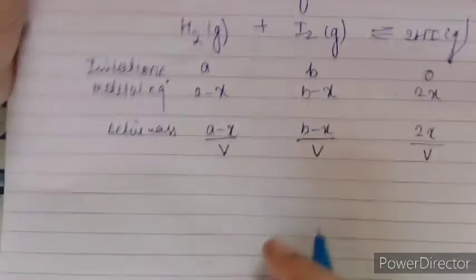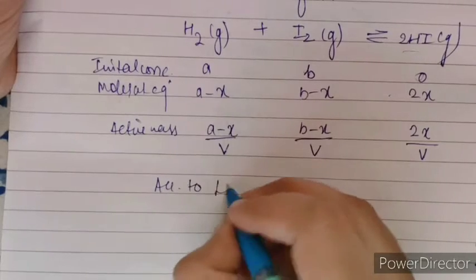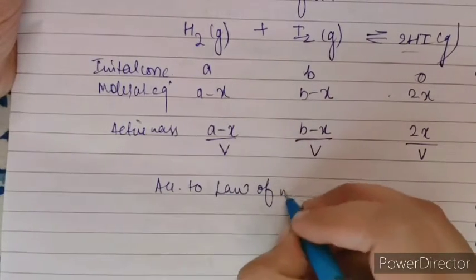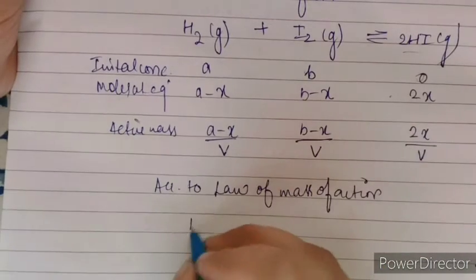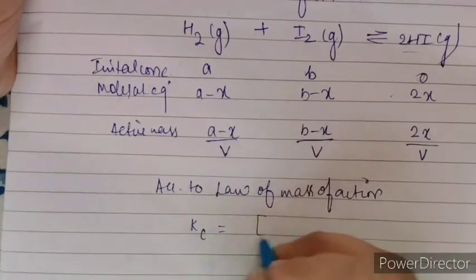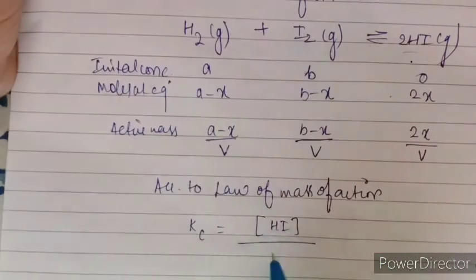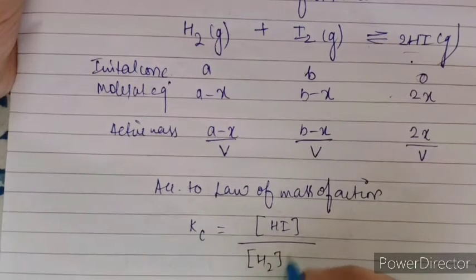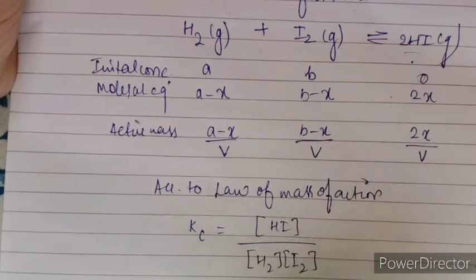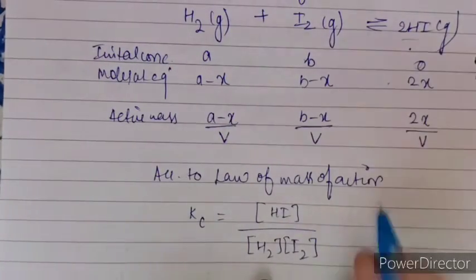Now according to the law of mass action, we can write that Kc is equal to the product concentrations divided by the reactants' multiplication, H2 and I2.